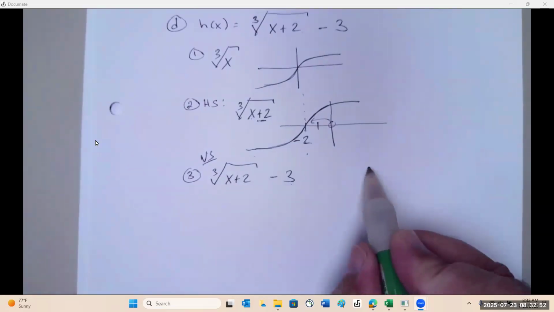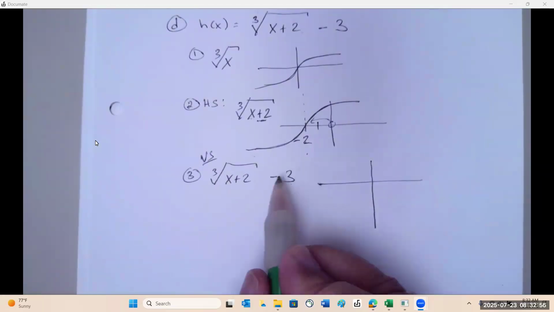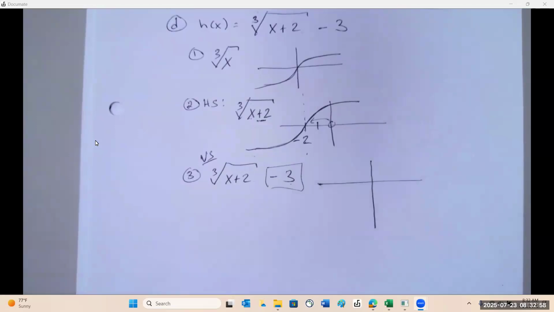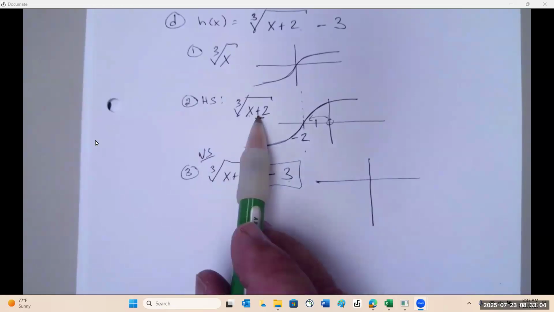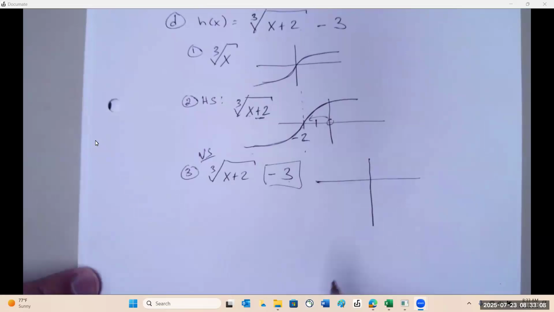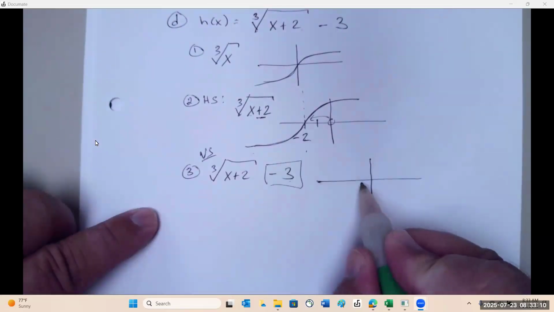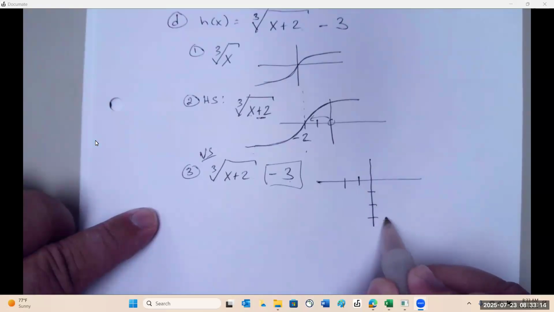It shifts down. If it's negative, you go down; if it's positive, you go up. Horizontal, the inside of the function, is always opposite. So our shift is 2 to the left and 3 down.